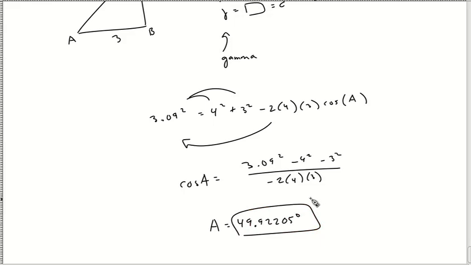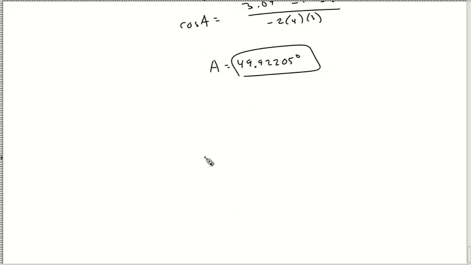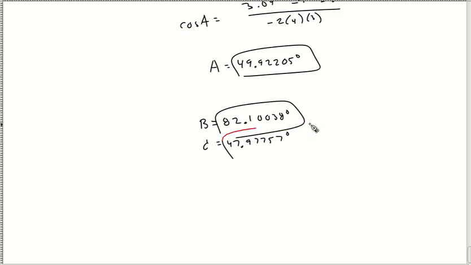And you can repeat the same process for B and C. And so I'm just going to give you my answers right quick for this one. 82.10038. And then my C is, I use the 180 rule, but it would be all the same in the end. Anyways, there you go. So there's my last answers.